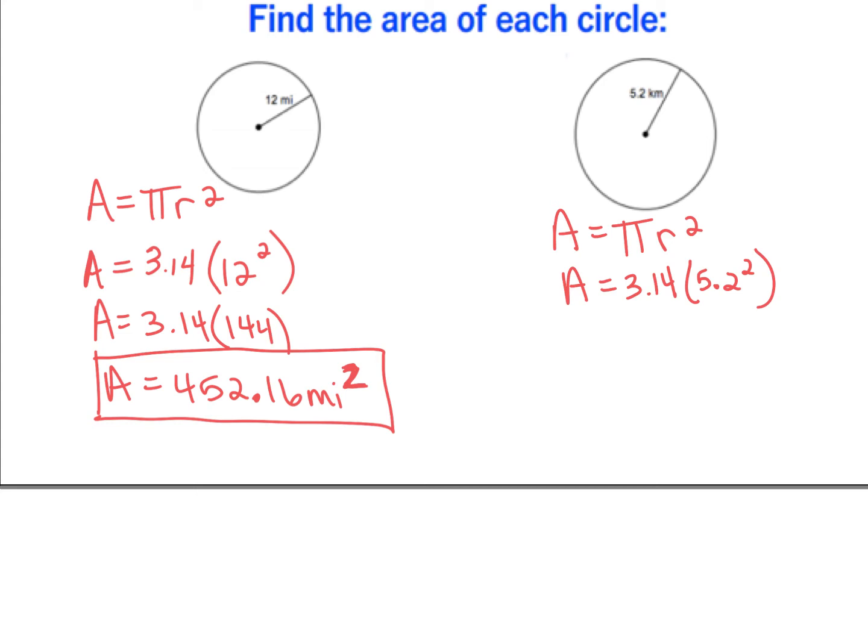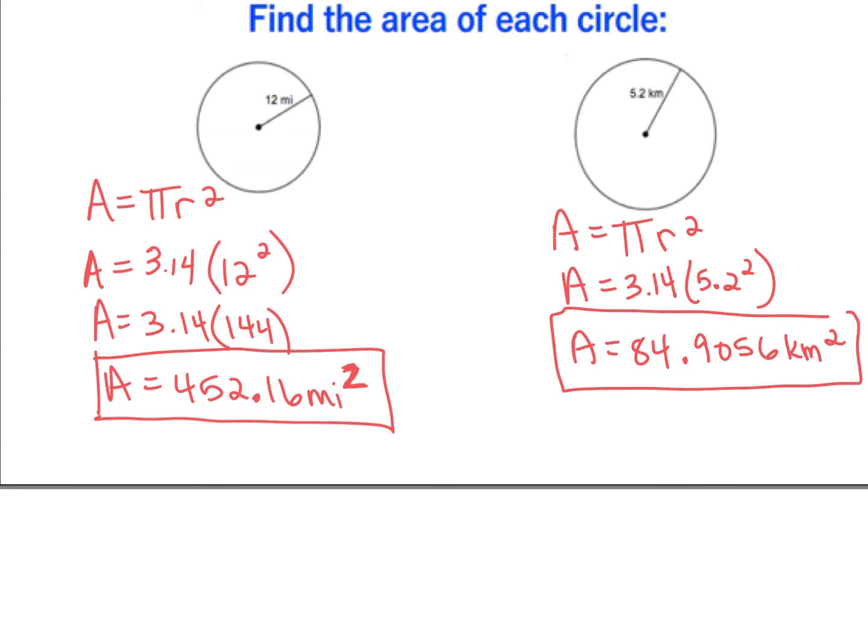You would type in 3.14 times 5.2 with the x2 button right above it. All right, and I'm going to get A equals 84.9056 kilometers squared. Don't forget to put that square at the end of your unit.